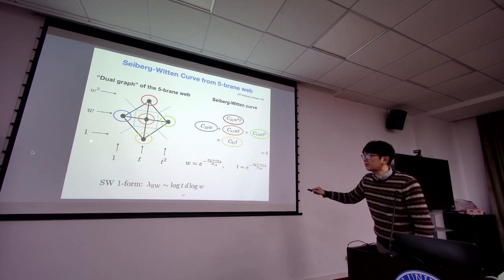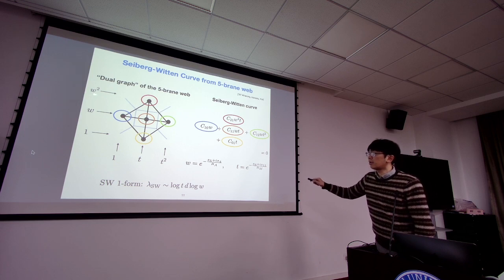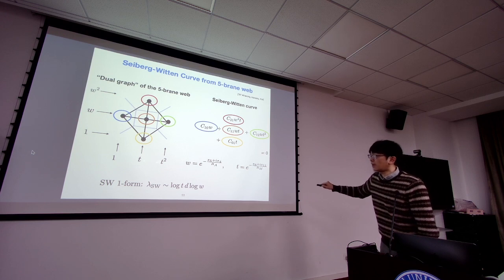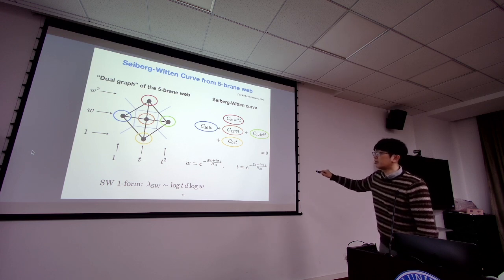Another face, this face, is actually an infinitely large region, but I also call this region a face, and we correspond it to this dot. This face corresponds to this dot, this face to this dot, and this face to this dot.